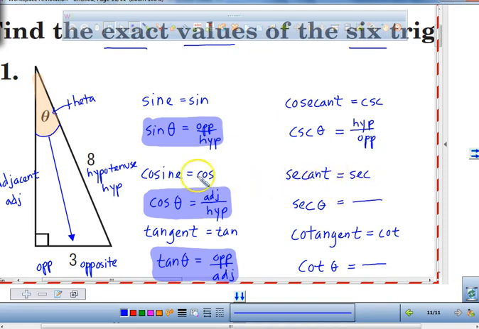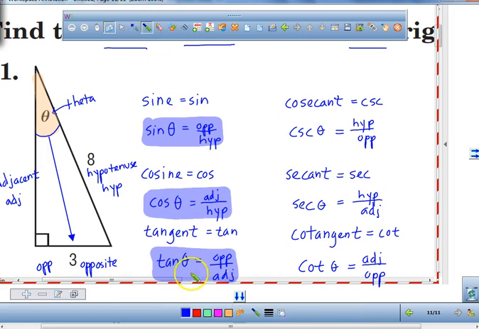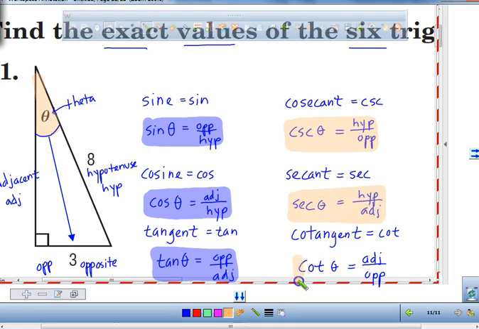The secant is the inverse of cosine. And the cotangent is the inverse, or the reciprocal, of tangent. So, look at these, look at the difference between them. I always do them side by side because it helps my brain recognize the pattern. And that's what I want you to recognize: once you find one, you can find all the others.